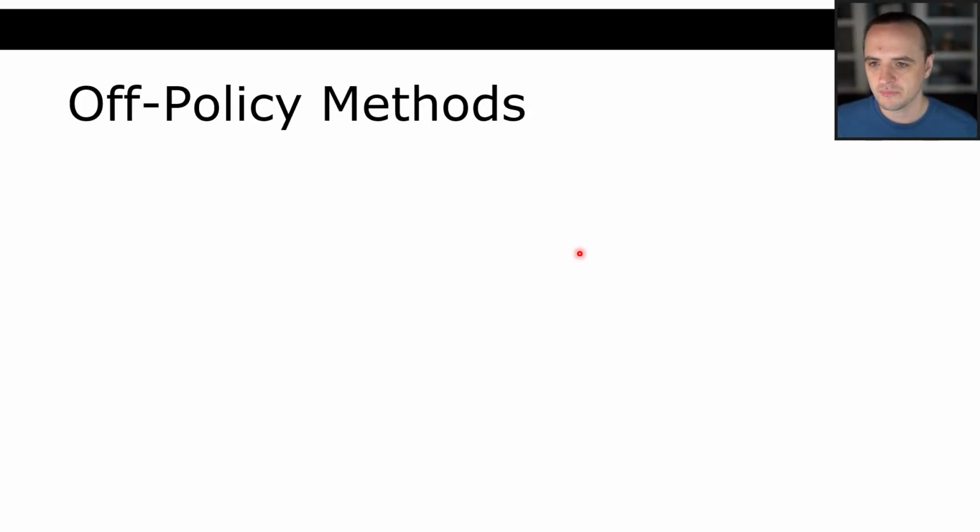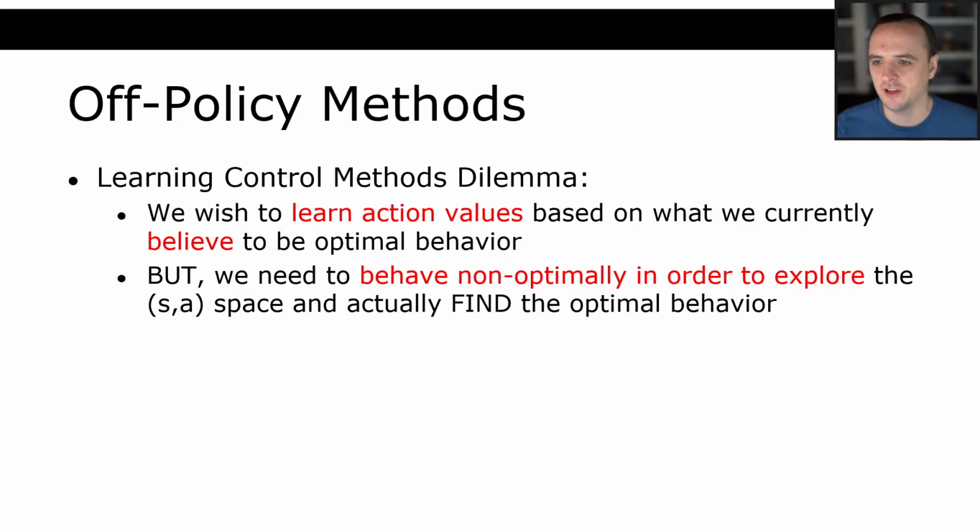So, off-policy methods. Conceptually, they're pretty simple. Here is the learning control methods dilemma. We want to learn action values based on what we currently believe to be optimal behavior, right? So there's some optimal thing out there, and we want to learn the value of that optimal thing. But exploration versus exploitation comes back again.